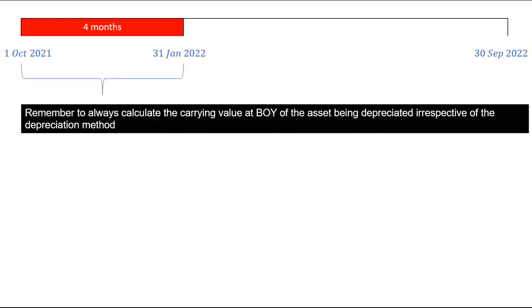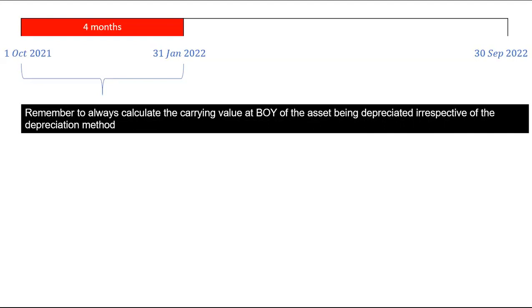Irrespective of the depreciation method that you're using, whether it's straight line or diminishing, or there's a new one coming up next year, which is called production units, it doesn't matter. You calculate carrying value at the beginning of the year because you don't want your current year depreciation to exceed the carrying value at the beginning of the year.